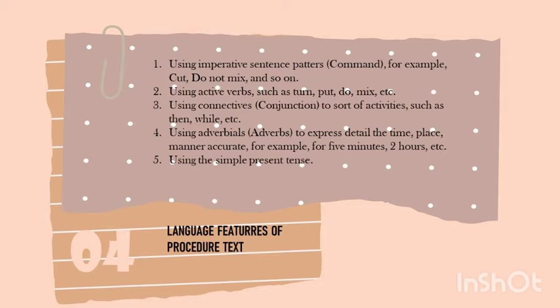And then the second, using active verbs such as turn, pat, do, mix, etc. And then the third, using connectives or conjunctions to sort activities such as then, while, etc. Then the fourth, using adverbials or adverbs to express details of time, place, and manner accurately.